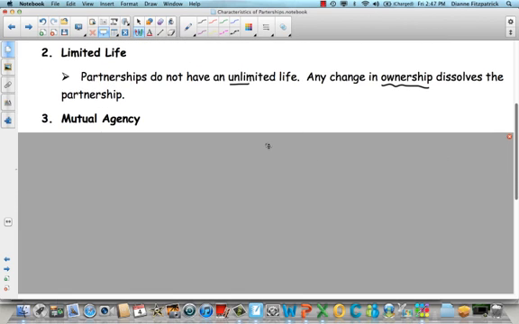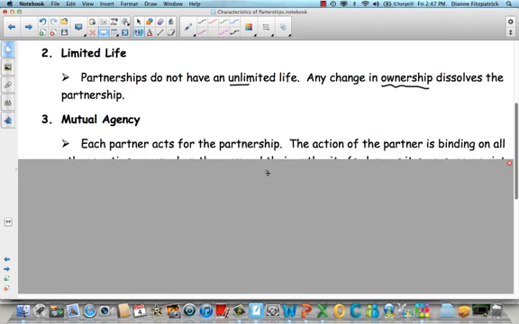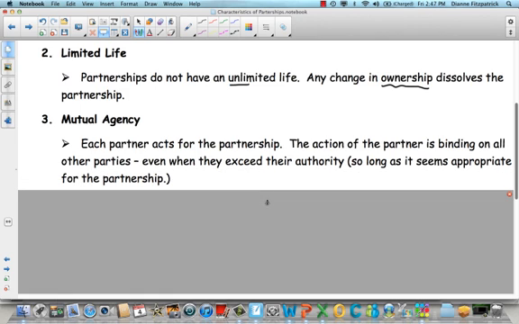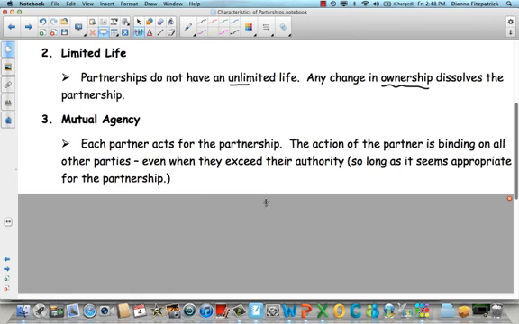Mutual agency in a partnership. What does that mean? Well, each partner acts for the partnership, and the action of the partner is binding on all other partners, even when they exceed their authority, so long as it seems appropriate for the partnership. An example I have is, let's say you have a farming business, and one of the partners decides to go out and buy a tractor.